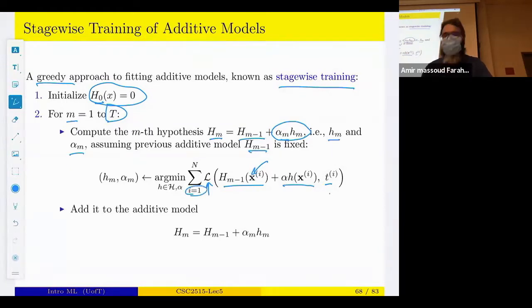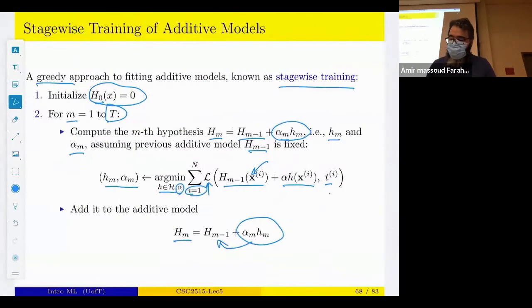What is minimized is over H belonging to a hypothesis class, and alpha, which is just a real-valued coefficient. The result gives us HM and alpha, and then we add this new part to the previous part to get a new HM. Again, this is very similar to what AdaBoost is doing.